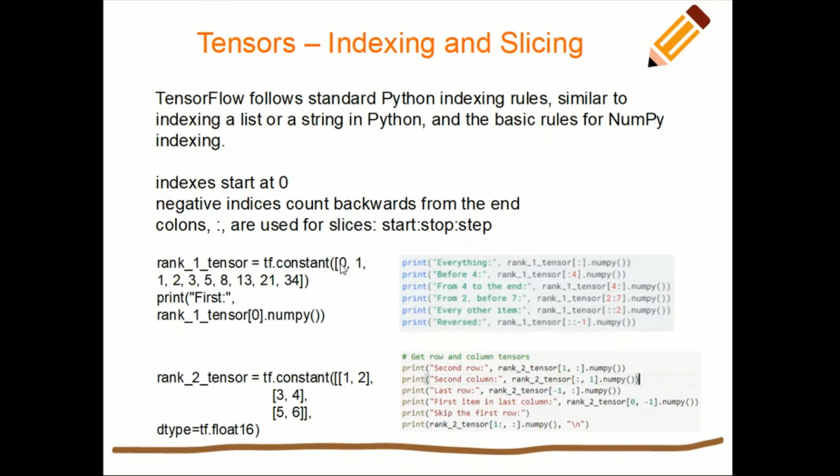Okay, so it will give us the 0. We can also start backwards. The negative indexes count backwards from the end, and we can also do the slicing using start, stop, and step. So these are the different ways we can get to the elements. We will see these concepts a little more closely when we get into the Google Colaboratory notebooks.